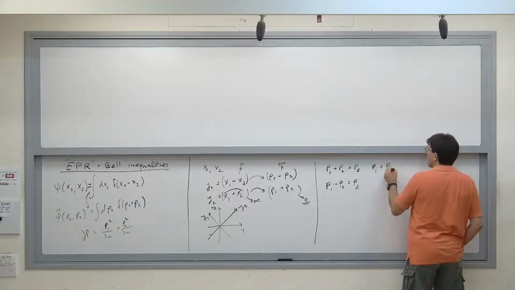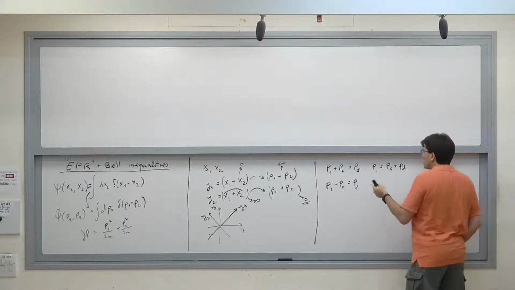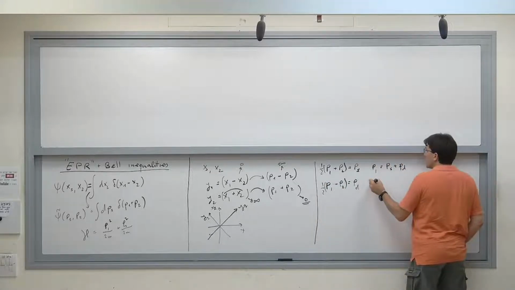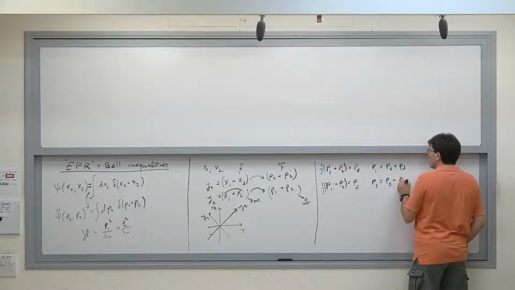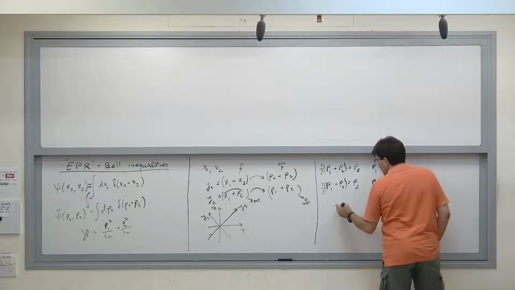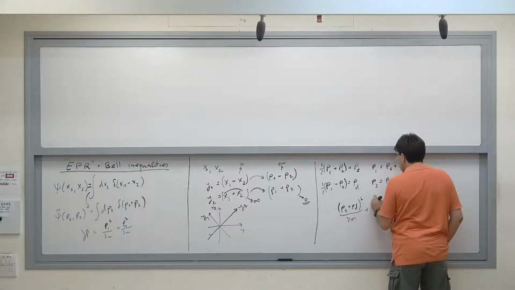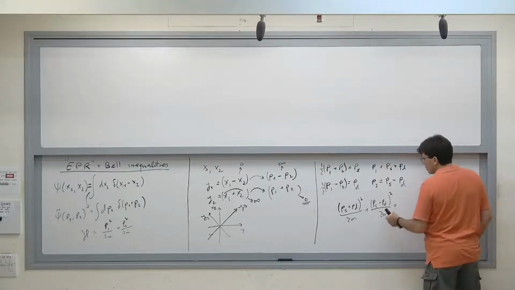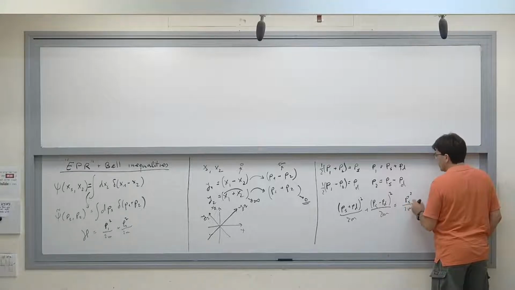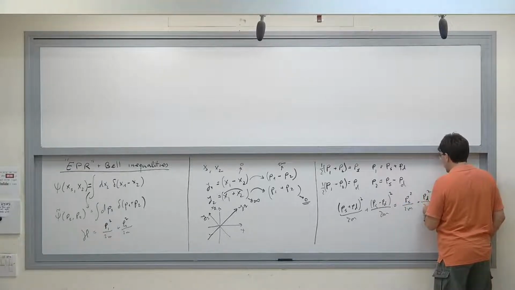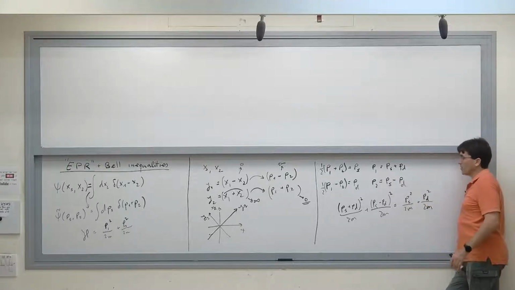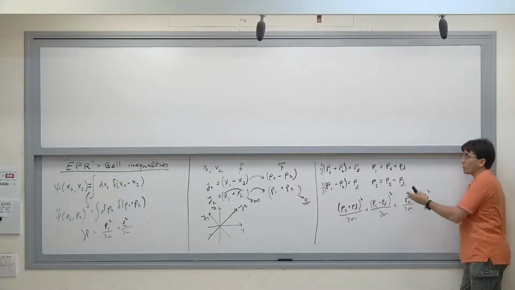Therefore p1 equals half of ps plus pd, and p2 equals half of ps minus pd. Putting that back in, we get ps plus pd squared over 2m plus ps minus pd squared over 2m, and you'll clearly see that what you'll be left with is ps squared over 2m plus pd squared over 2m, because the mixing term vanishes. It's the same system, just a different pair of coordinates.